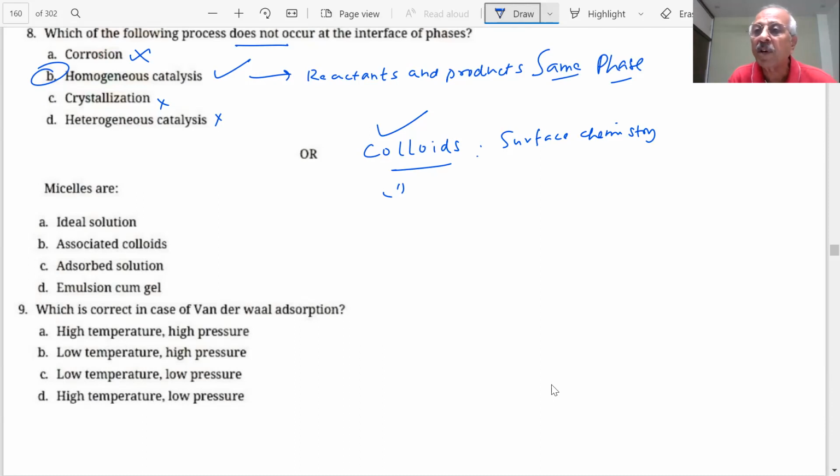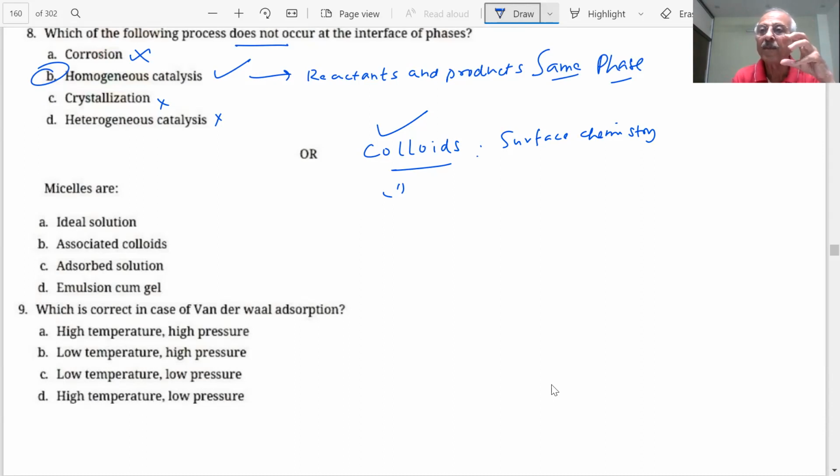What are micelles, students? Micelles are formed when you have a definite concentration of soap, such as sodium stearate. What happens at a particular concentration called the micelle concentration? They will start forming micelles.